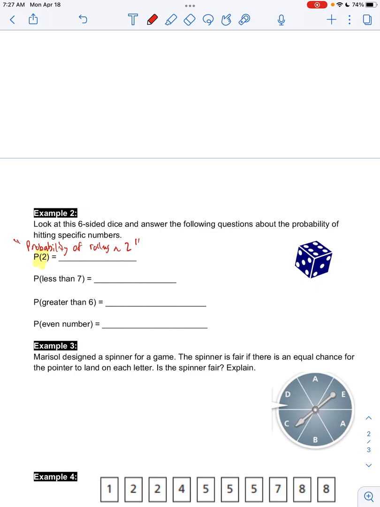And again, because a 2 only occurs one time and there's 6 total, our probability is 1/6, 1 to 6, which as a decimal would be about 0.166666 repeating.